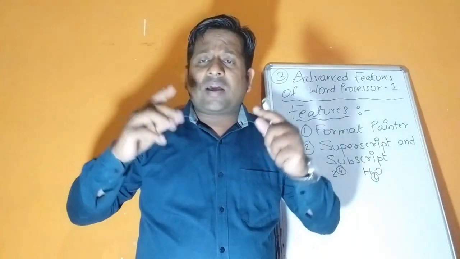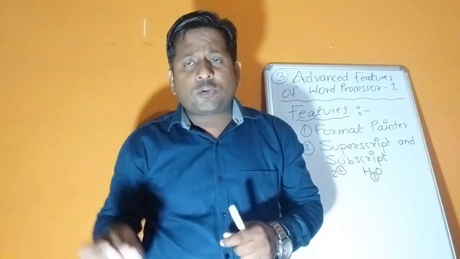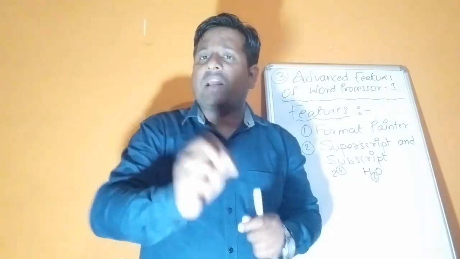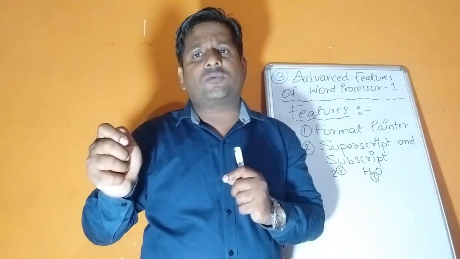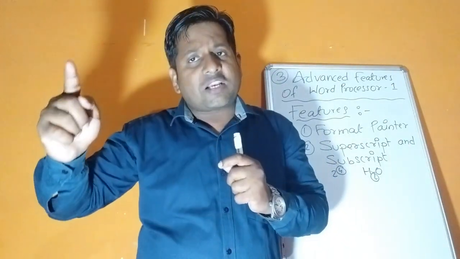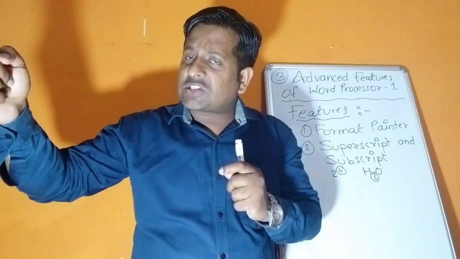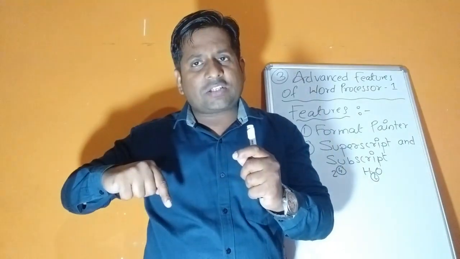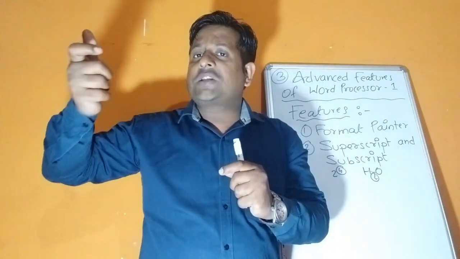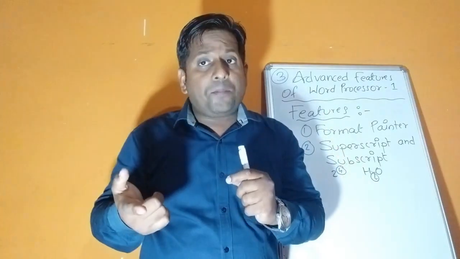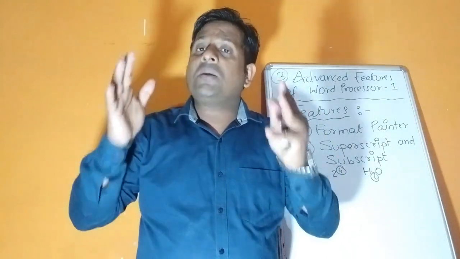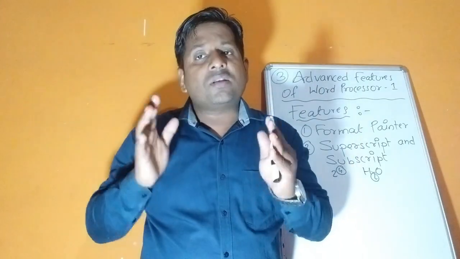Instead of going for another process, we can directly select the text and tick on these features. Automatically the text will be above or below the normal text line. That means superscript and subscript are very important for typing certain mathematical or science formulas.